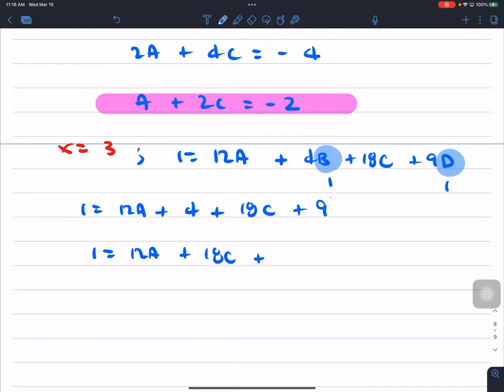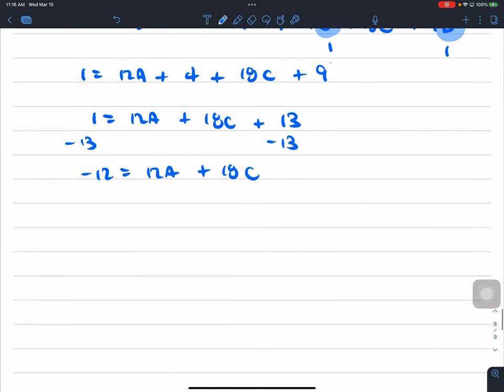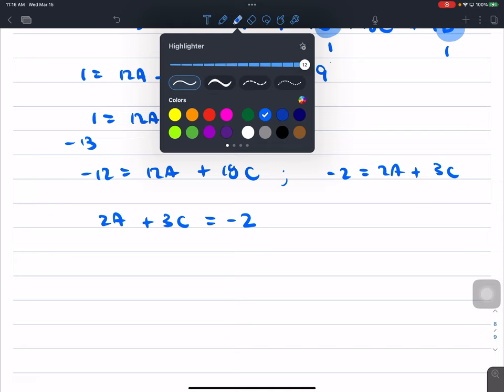What's 9 plus 4? Isn't that 13? Subtract 13. Negative 12 is what? 12A plus 18C. Can I divide both sides by 6? I get negative 2 is 2A plus 3c, or I can say 2a plus 3c is negative 2. Okay, you guys okay with that?